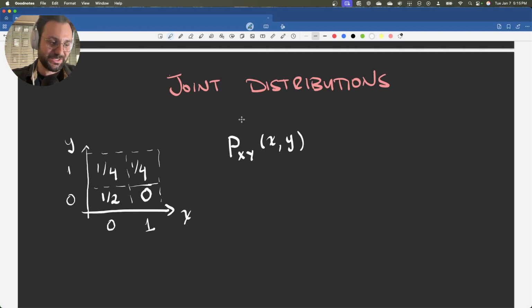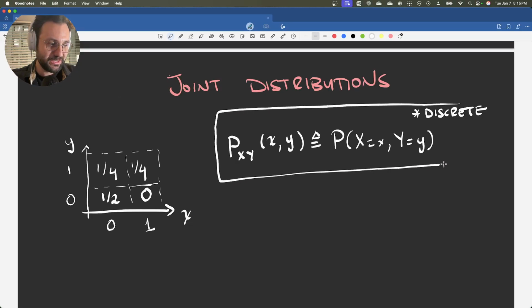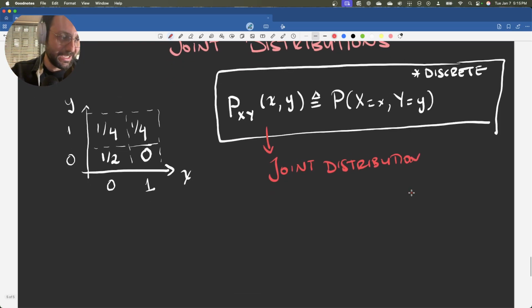For the discrete case, this can be described as the probability of x equal to x and y equal to y. Let me put a star here, so this is for discrete only. This representation is referred to as the joint distribution of x and y.